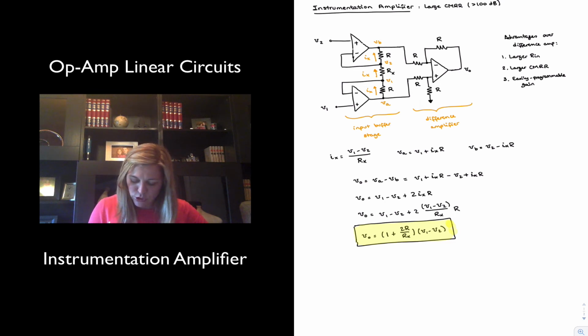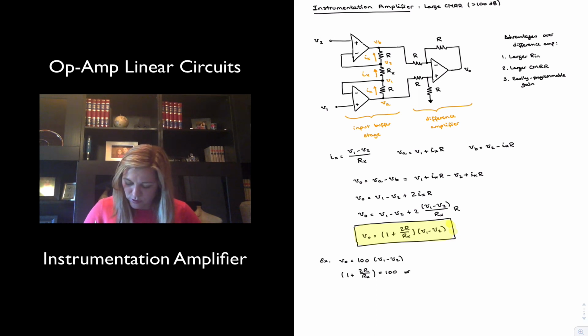If we wanted to, let's say, design an instrumentation amplifier to implement the following function: V out equals 100 times V1 minus V2. In that case, we could just say my equation 1 plus 2R over Rx is equal to 100, which means 2R over Rx is equal to 99.